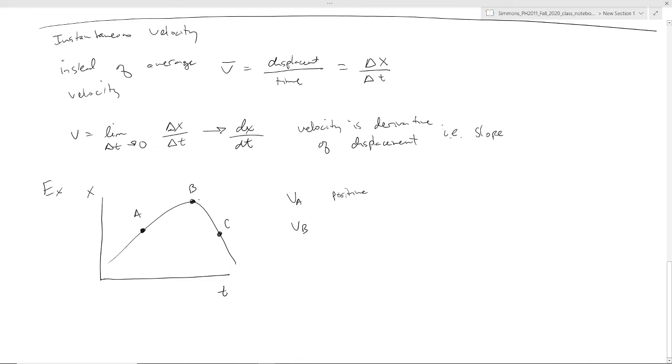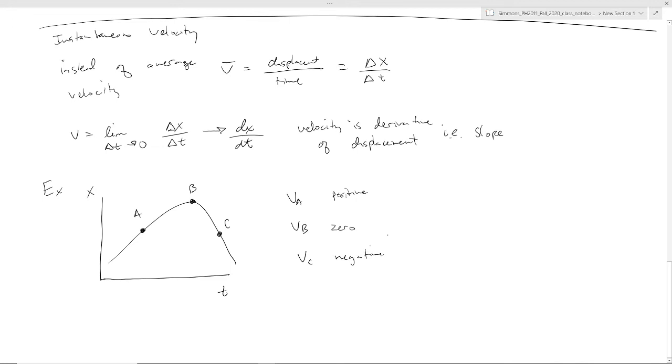Is x changing with respect to time at some point up there? It's not. So the velocity, the instantaneous velocity at the top there at around point B is 0. What about at C? Well, at C, you can see the rise over the run. The slope there is negative.